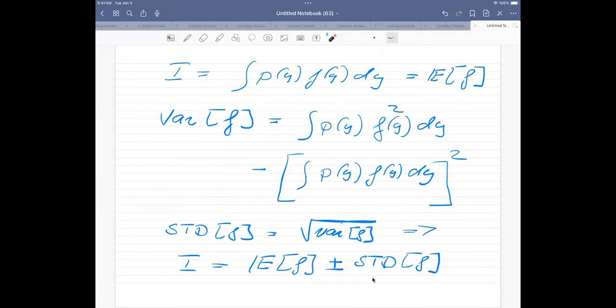So if this function here is a constant, what do I get as variance? Suppose now f is a constant. What do I get as variance? You get 0, right? And this is what we want. We want an error which is as small as possible.